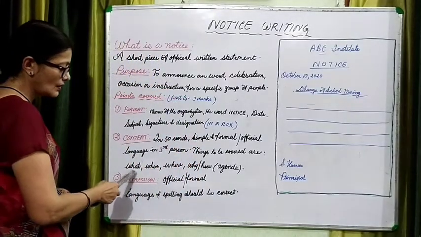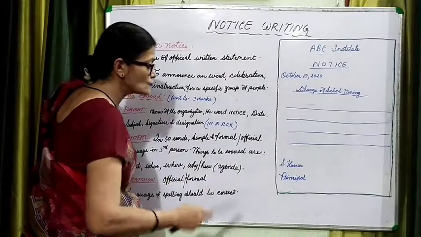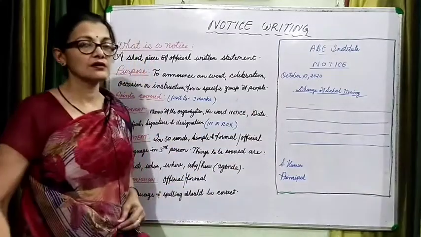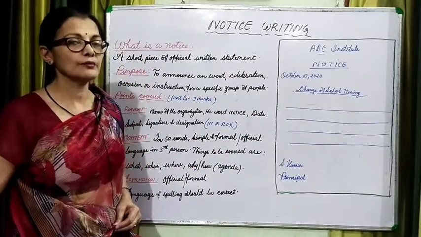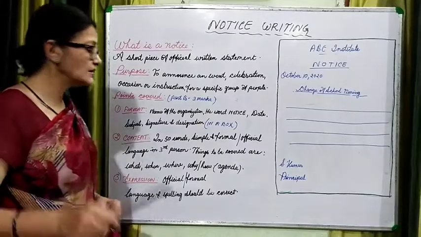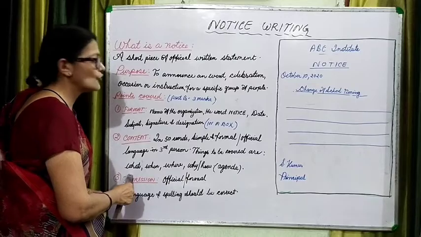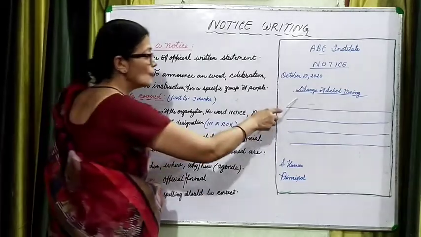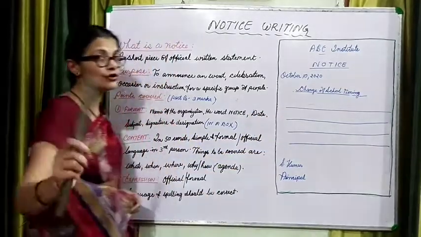Now, what are the points to be covered in the content which you should not miss? Just make it a point that the content should cover what you are informing them.